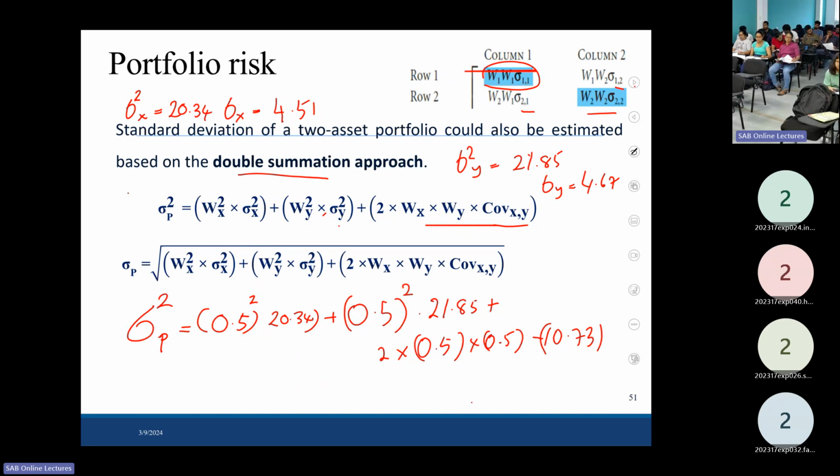This is the variance, so take the square root of that to get the standard deviation. The square root of the variance is the standard deviation.